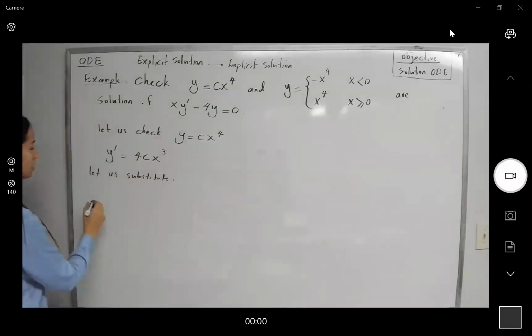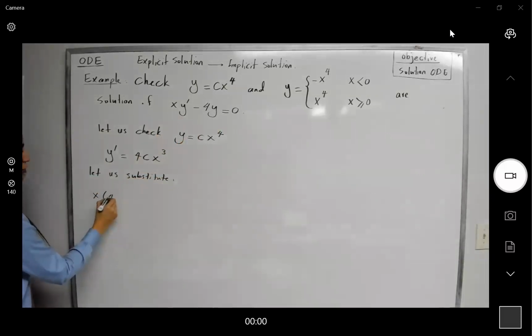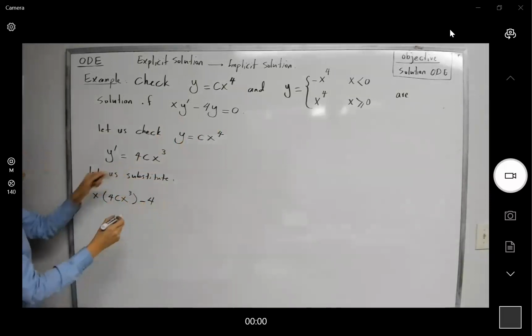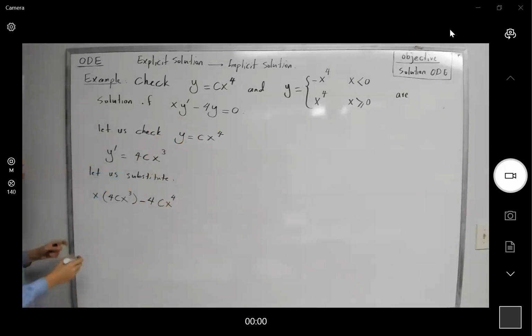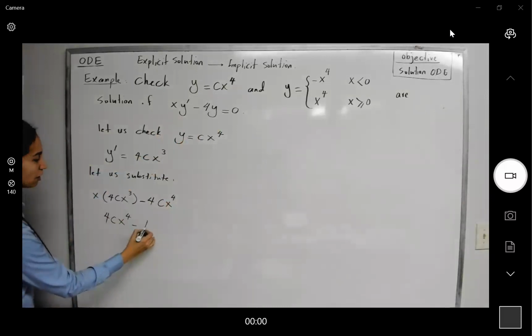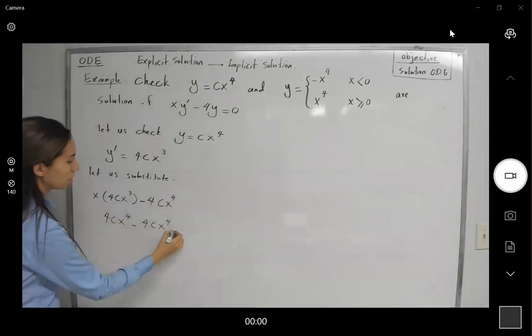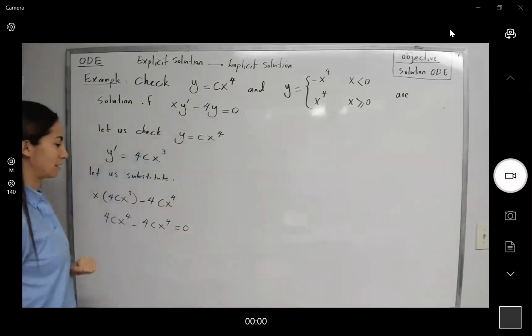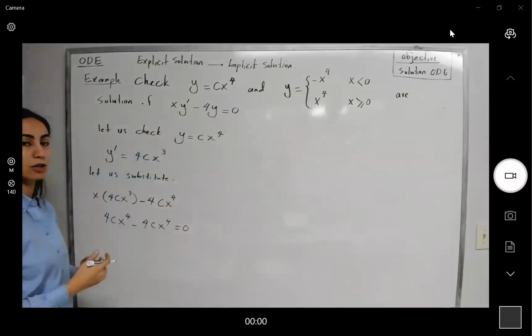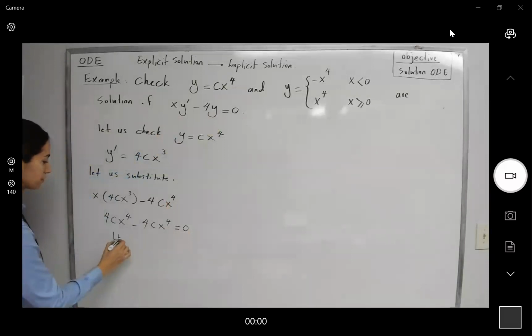Here you have x times y prime, which is 4c x to the third, minus 4y, y is c x to the fourth. So of course, on this side, you have 4c x to the fourth minus 4c x to the fourth. They are opposite of each other. It's equal to 0, and it's equal to the right-hand side. So left-hand side and right-hand side are equal to each other.